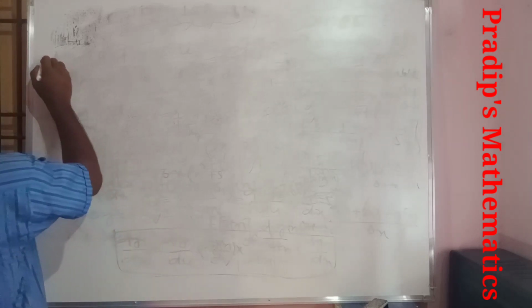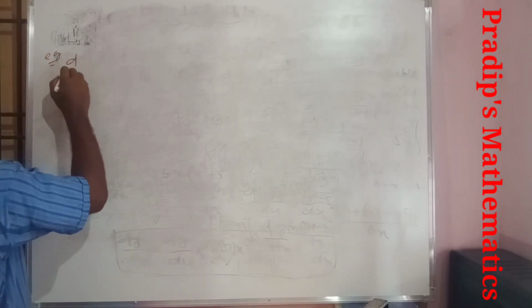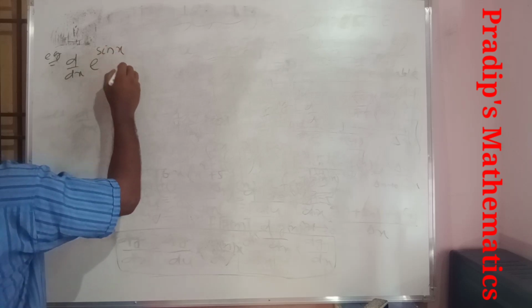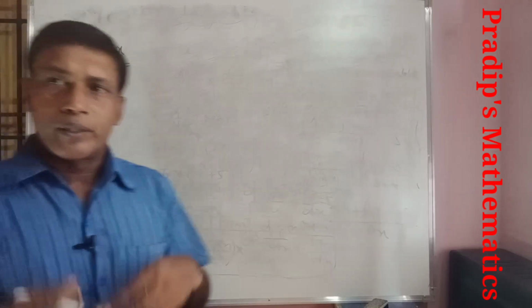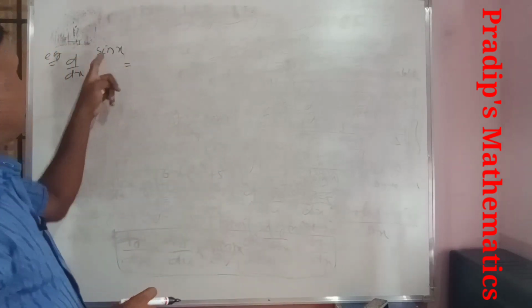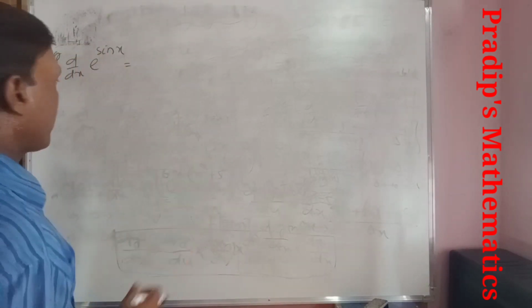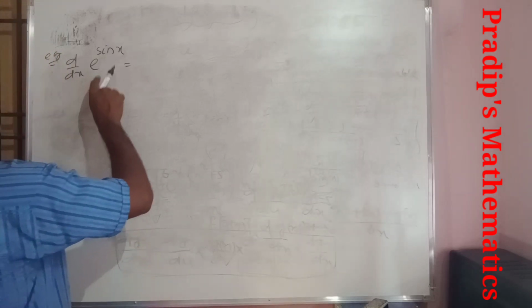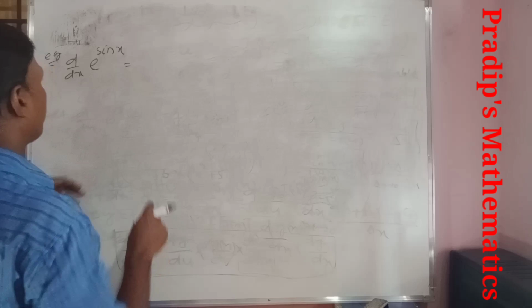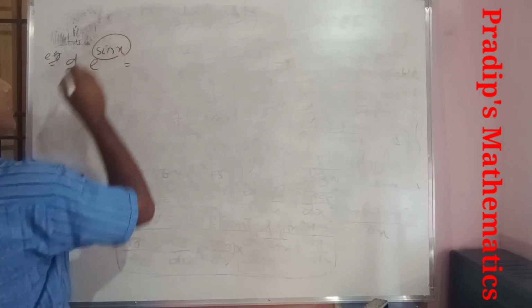We have given to differentiate e to the power sin x. We can apply chain rule directly without taking u. We can take u here, but apply directly. How? Derivative of e to the power sin x. Here we have to apply derivative of e to the power x, but x is replaced by sin x.